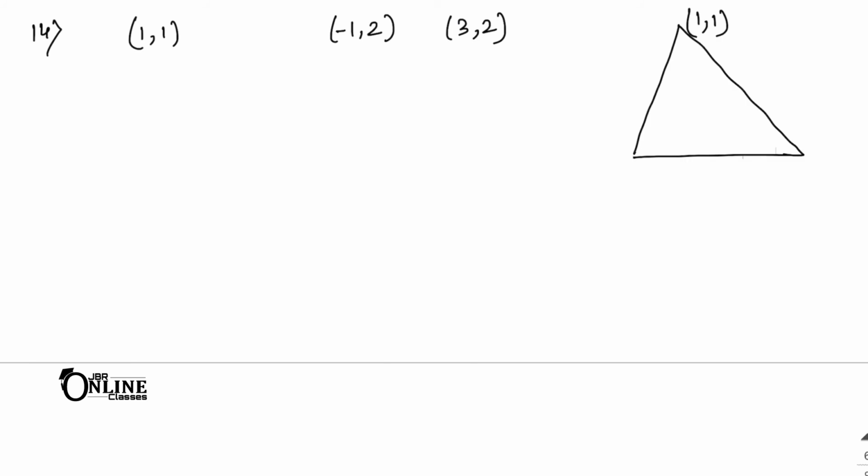So that means here if the upper one is (1, 1) the vertex, then the midpoint of this side, as here B and C, this one will be here (-1, 2) and this one is here (3, 2).